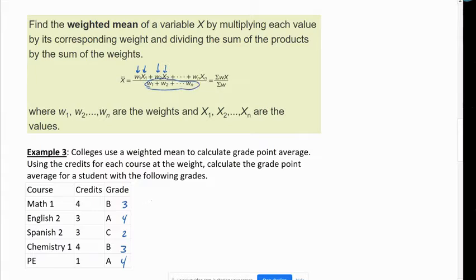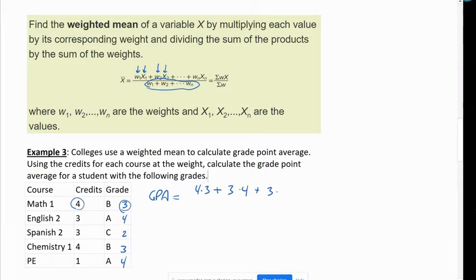And so when we calculate our GPA, we're going to have 4 times 3, so that's the weight times the grade, plus the weight 3 times the grade 4 for the English class, plus the weight 3 times the grade 2 for the Spanish class.